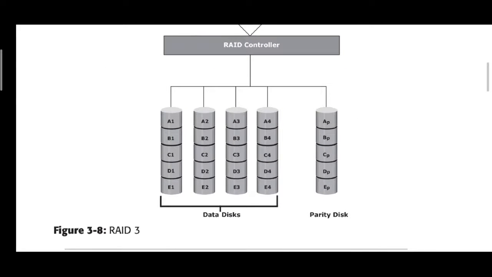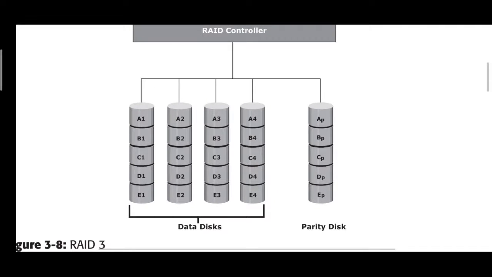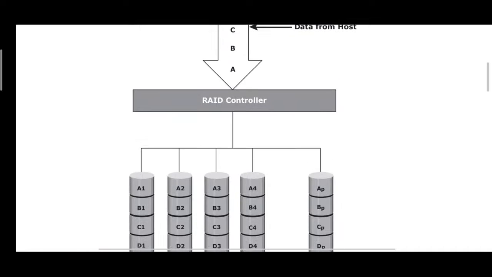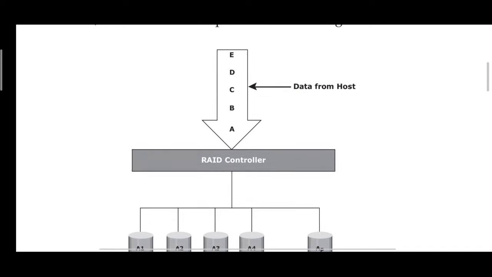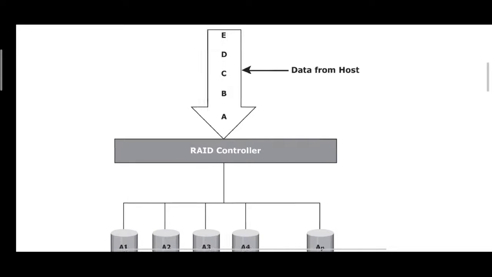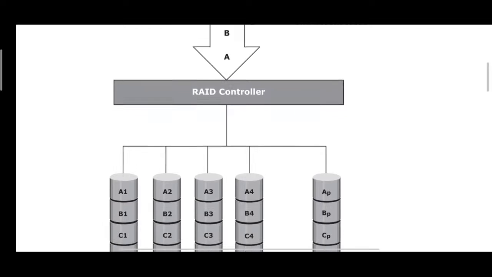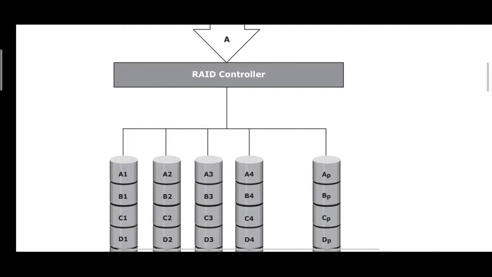Here one array is called the dedicated array that is used for the parity purpose. So a1, a2, a3, a4 are the four stripes of data a. Data a, b, c, d and e are the input from the host. There is a RAID controller which does the striping as well as parity assignment. So a1, a2, a3 and a4 are the four stripes that are done by the RAID controller.